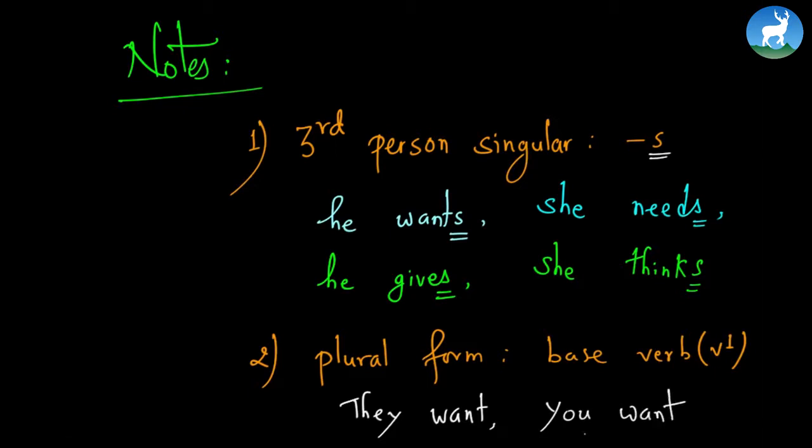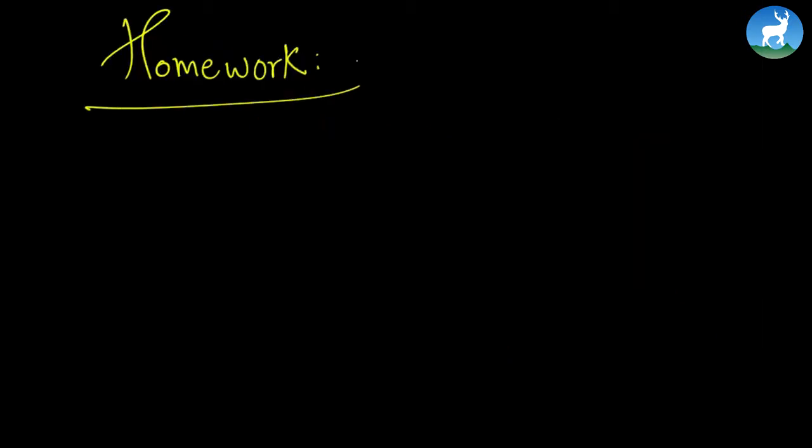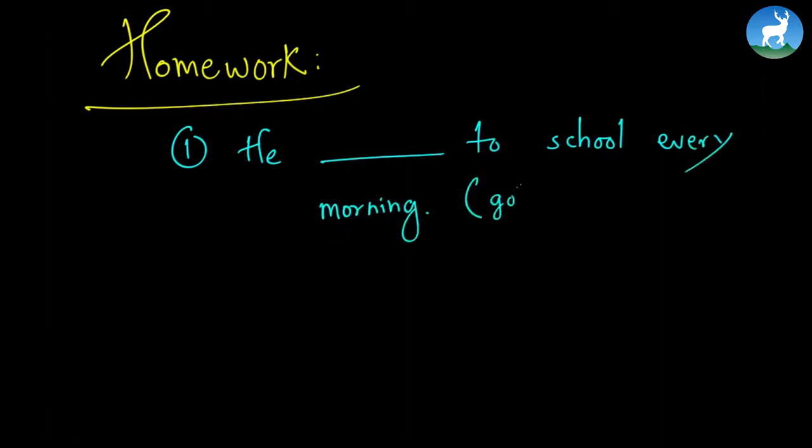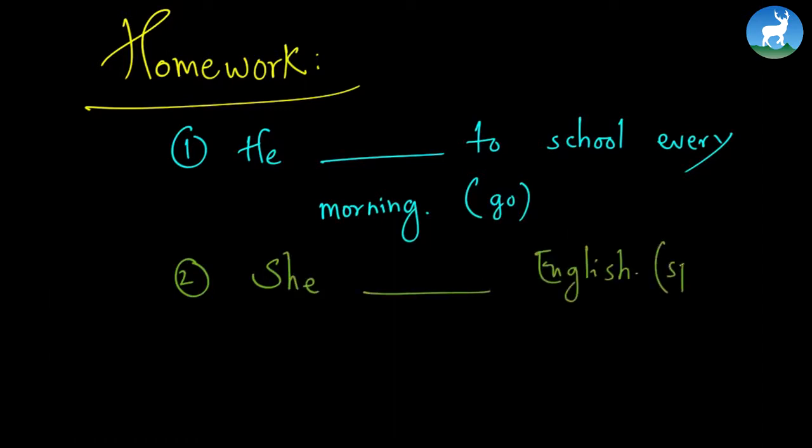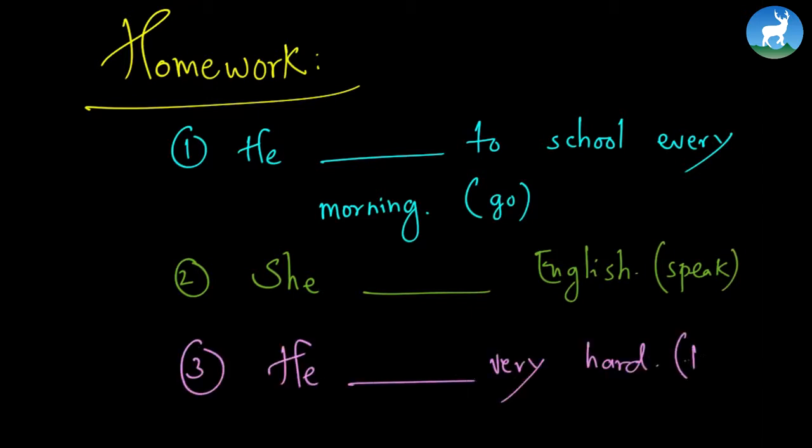Alright, now let me give you some questions for practice. Homework. All you have to do is complete these sentences. He, blank space, to school every morning, and the verb form is go. Second question is she, blank space, English, and the verb form is speak. Number 3, he, blank space, very hard, and the verb form is try.